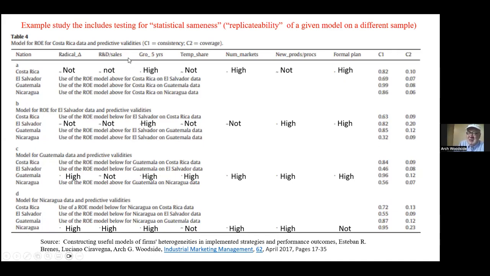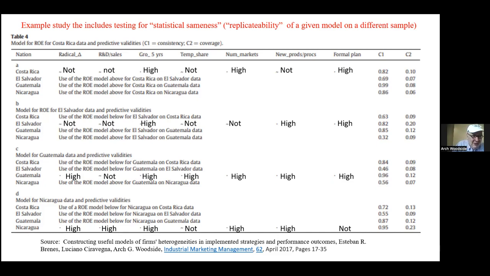The first one, the Swedish sample study, is an actual study, and a paper has been published using the data by Isaacson and Woodside, but what I showed you today has not been published, and it's something I need to get around to writing up with my colleague Lars Isaacson, a Swedish colleague who works in Australia. But this is a different study involving Central American countries.